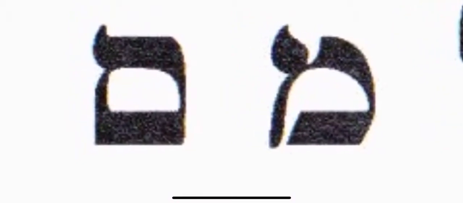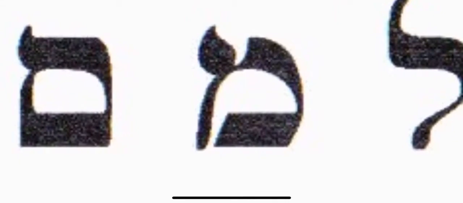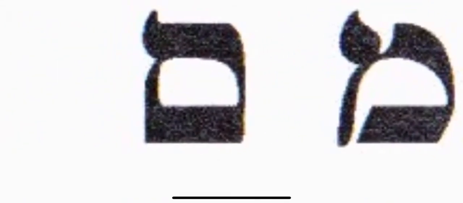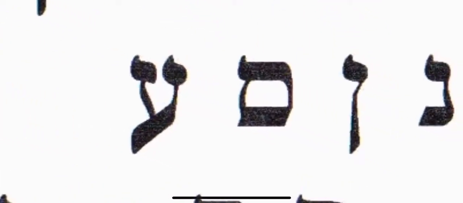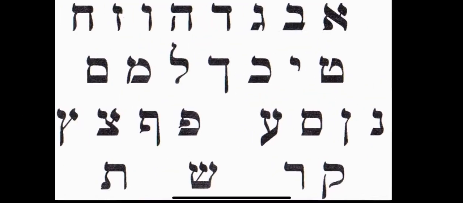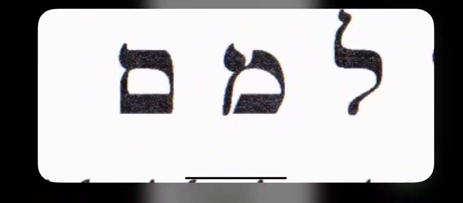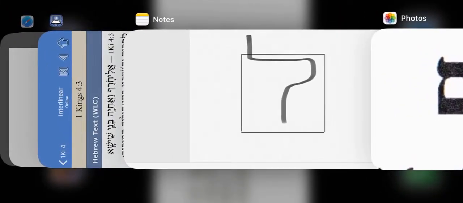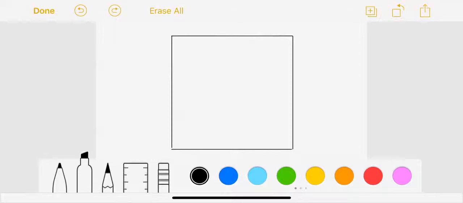Next is the ma, which also has two versions. All right, you got the regular ma, and then you got the final form of the ma, which looks a lot like the sa. All right, the Assyrian sa. It looks a lot like that, but we're gonna go over the difference. All right, right now. So the ma, when I write it, this is how I write the ma right here.